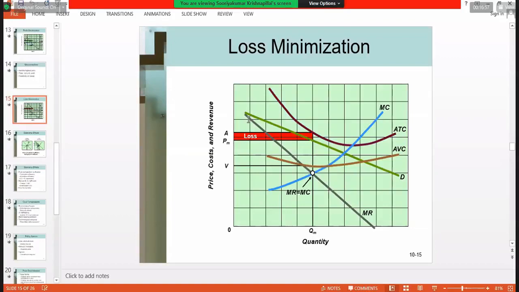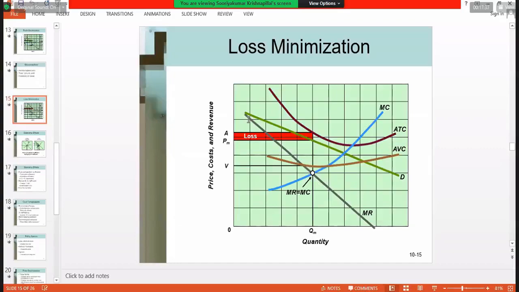If the firm gets a loss, to minimize the loss, again marginal revenue equals marginal cost. Now the demand curve of the consumers is not influenced by the monopoly. The demand curve is the consumers' response, how much they demand at each price, completely determined by the consumers.